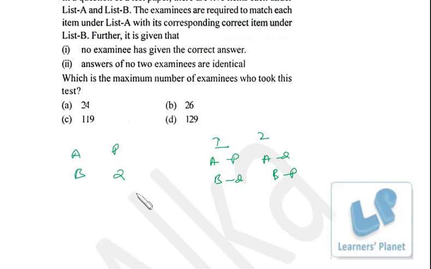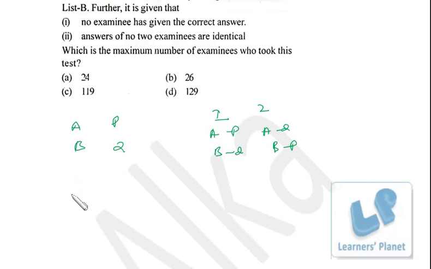Similarly, if we talk about 3 questions, that is A, B, C and P, Q, R, 3 in list A, 3 in list B. Now the first student, suppose he makes AP, BQ and CR. The second student matches AP as it is, but instead of BQ and CR takes BR and CQ.